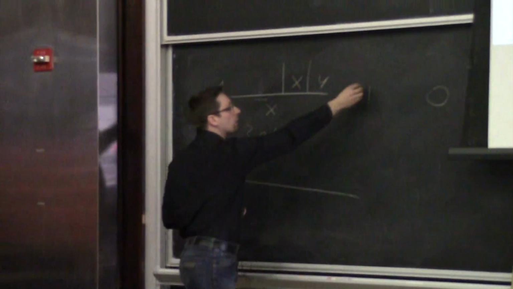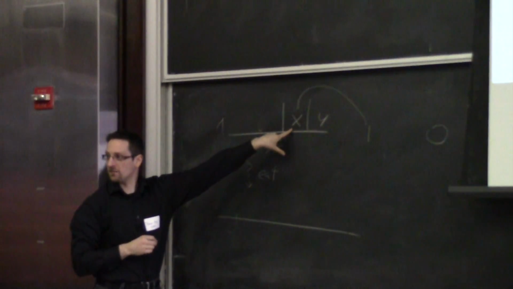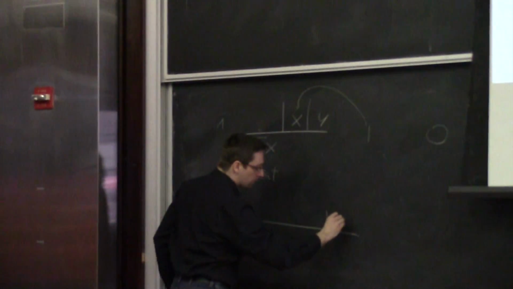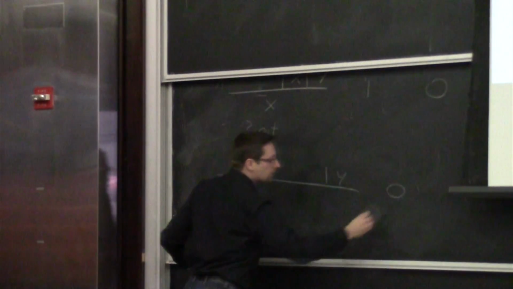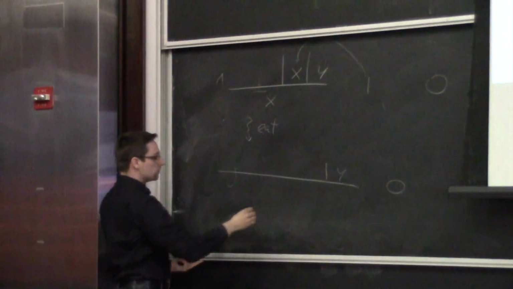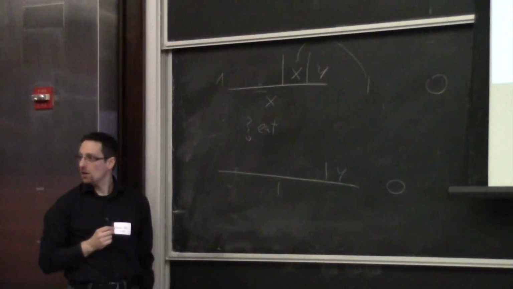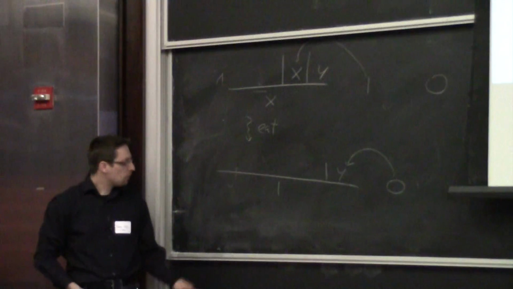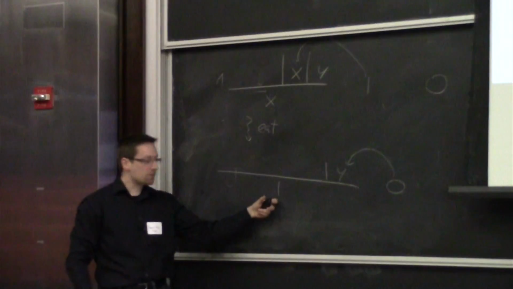The 1 goes into the x, this alligator dies, and the x is replaced by 1. So we end up with an alligator y that eats a 0, and here is just a 1, where we replaced the x by the 1 which was eaten. The next step, this guy eats the 0, but there's no egg of color y down here. So all we end up with is just a 1.